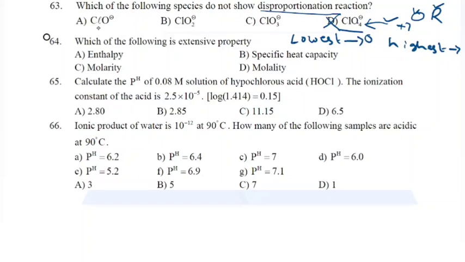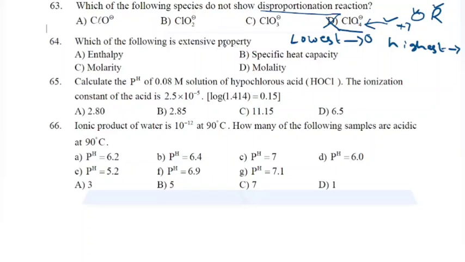For example, this one is +1. It can also go to -1, 0, and +3, +5, +7. So the one not showing disproportionation is D, because the chlorine is already in its highest oxidation state, right? Let's move to the next one.